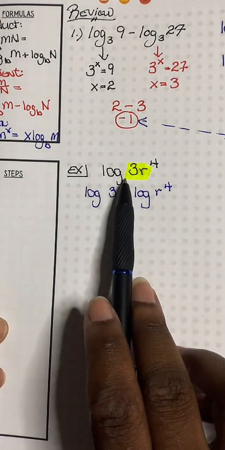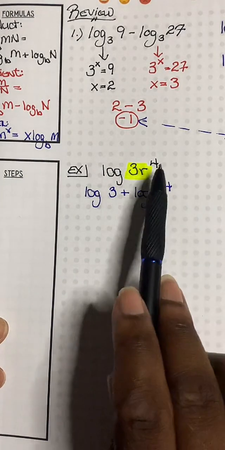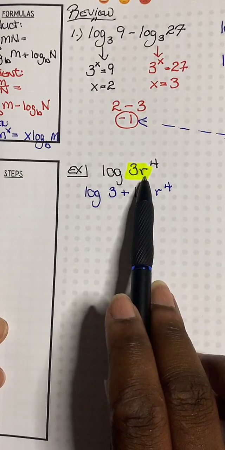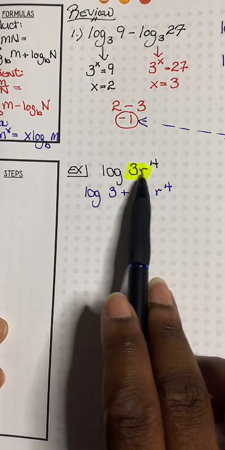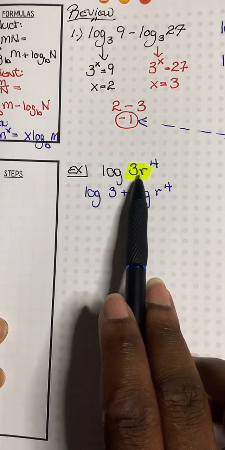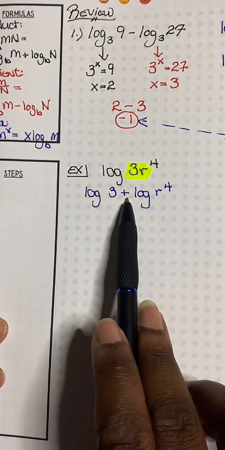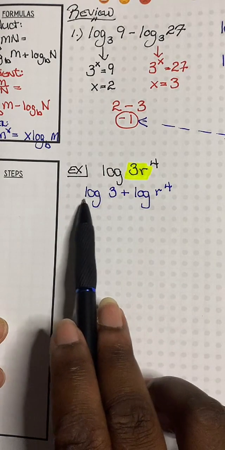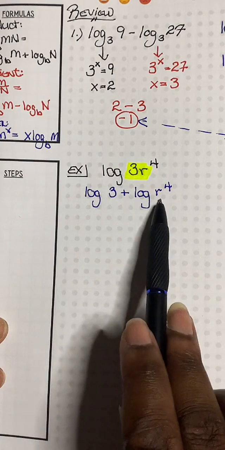So since there's no parenthesis, the only thing that's being raised to the 4th power is the r. That's it. So that means when we split this up, because this is multiplication, we need to split it up with its own log with addition. So that's why you have log of 3 on one side plus log of r to the 4th.